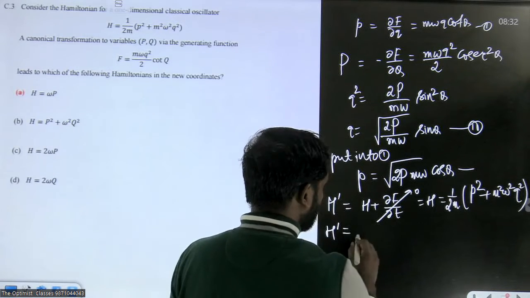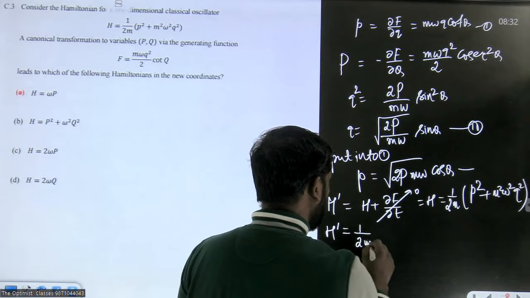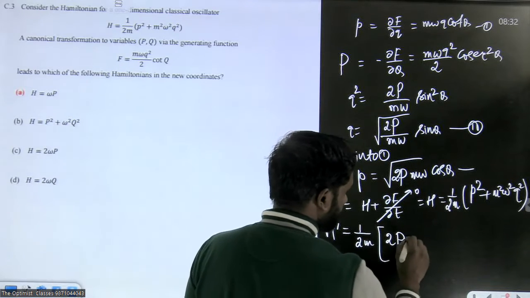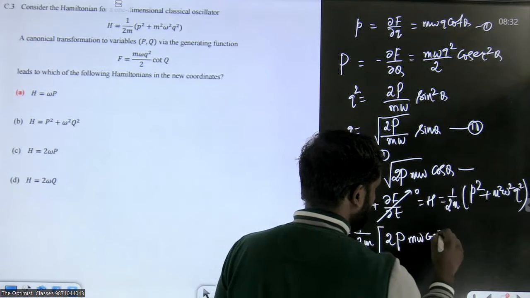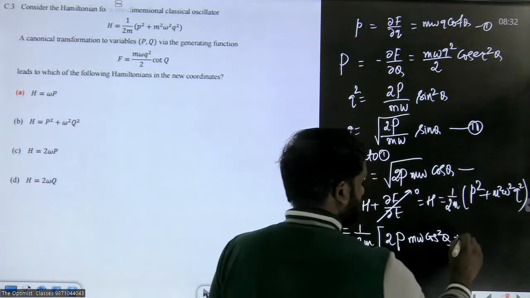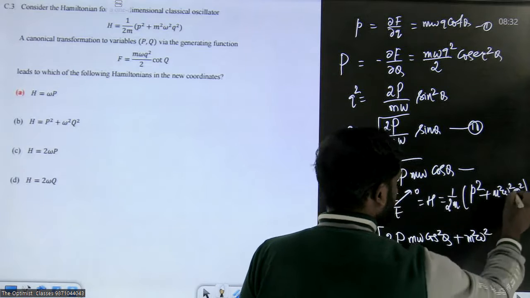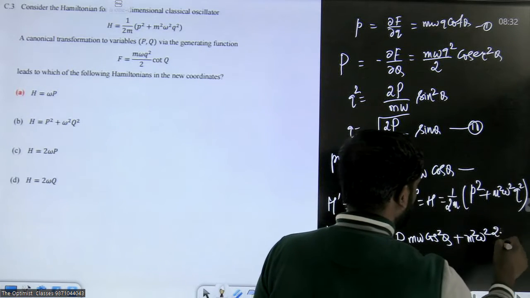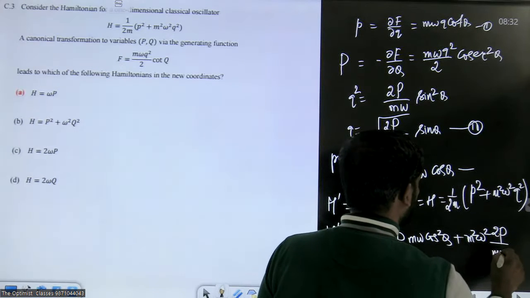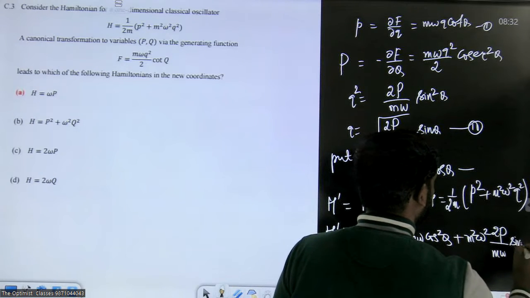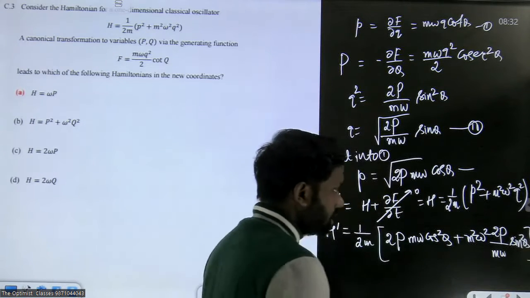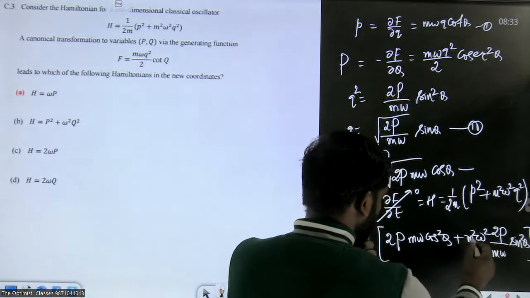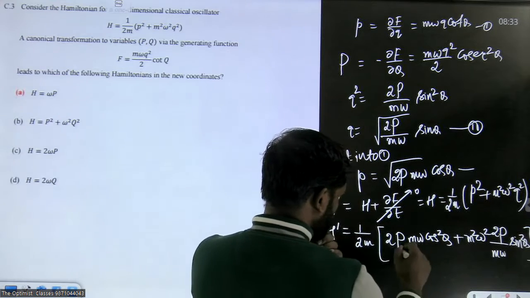If you put small p, we get 1 by 2m, and this root will go, so we will get 2 capital P m omega, and here you get cos square capital Q plus m square omega square, and now you put the value of small q, which is 2 capital P divided by m omega, and here we get sine square capital Q. Therefore 2p cancel, m cancel out, and you will get 2p m omega, and here also you have 2p m omega.